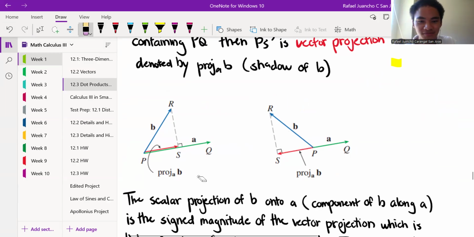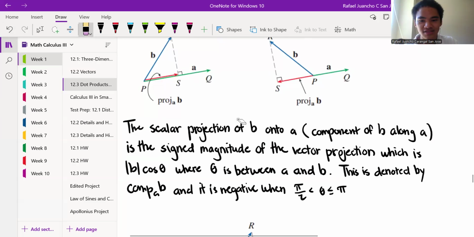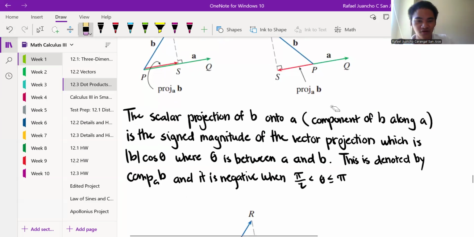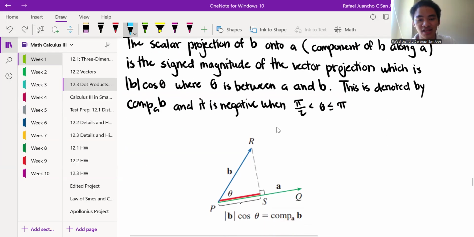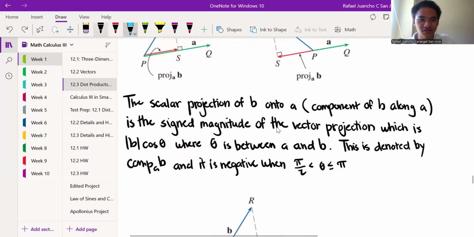So that's the idea. And the scalar projection, and we call it the component of B along A, what that basically means is the projection's length. That's what it means. So let's say we see here these red arrows. How long are they?